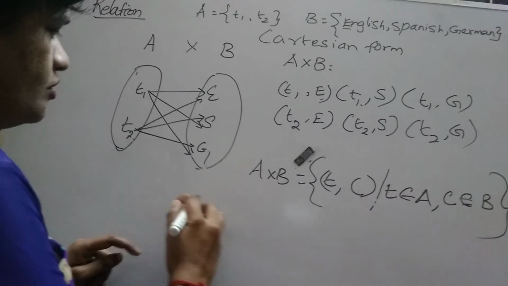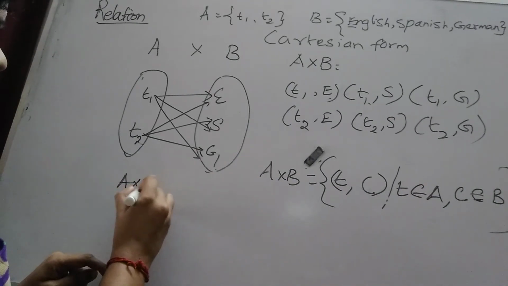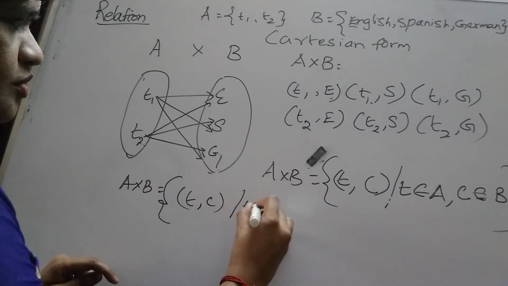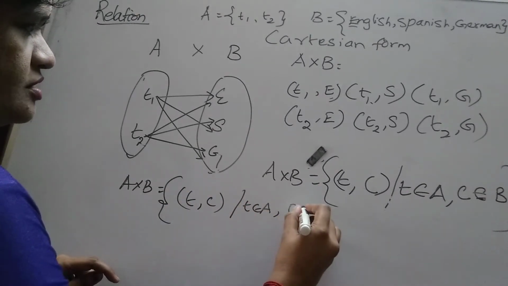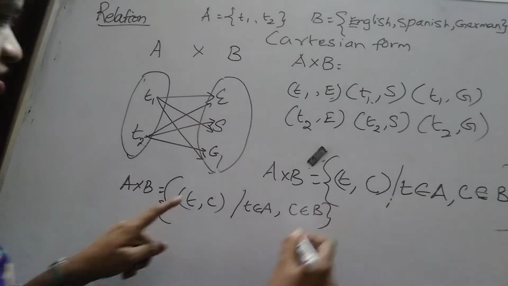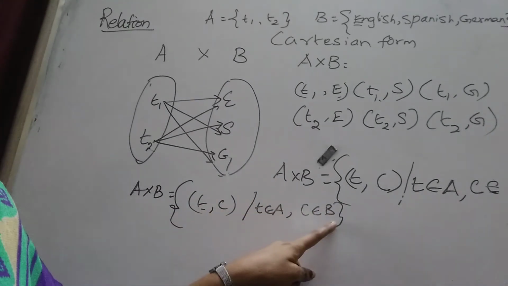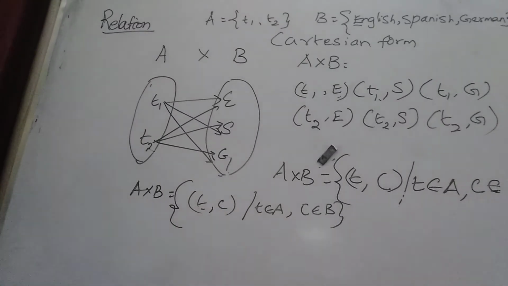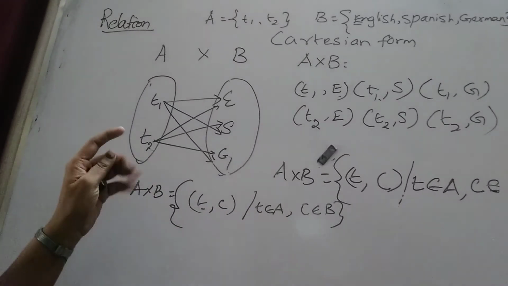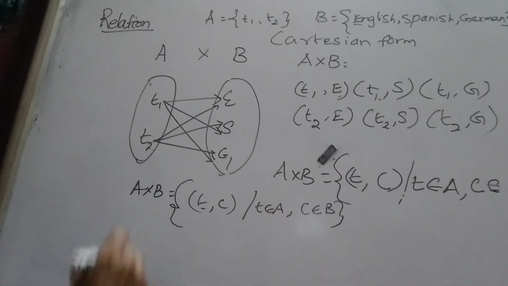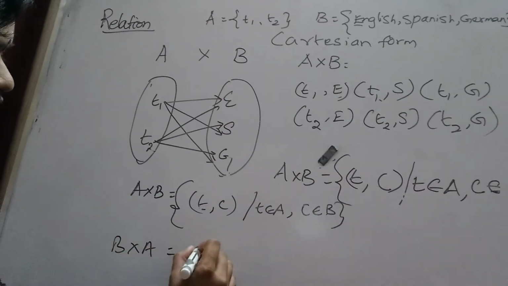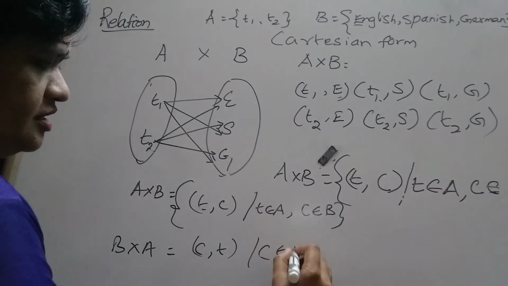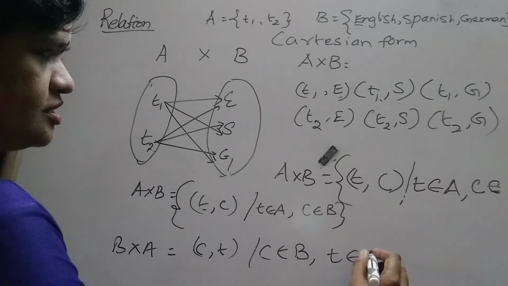So we represent A cross B as the set of all T comma C such that T belongs to A and C belongs to B. The first element belongs to A, the second to B. You should not change the order to C comma T, because the relation is from A to B. If it were from B to A, you could change it, with C belonging to the first set B and T to the second set.